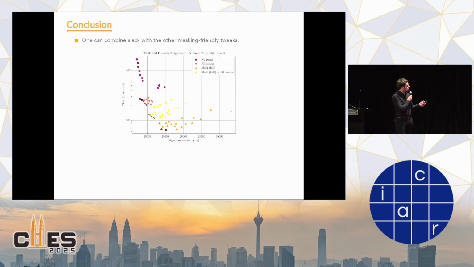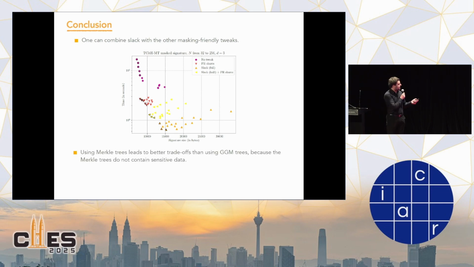We can combine the slack tweak with the other tweak I showed you. This is a figure where there is no tweak here, one tweak here, another, and the combined one. And finally, using Merkle tree leads to better trade-offs than GGM tree because the tree itself does not contain sensitive data, so it's more practical for masking.